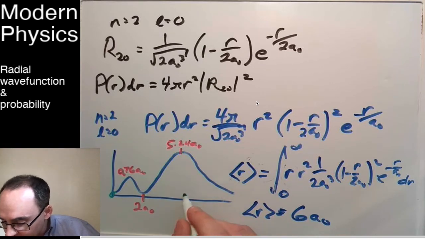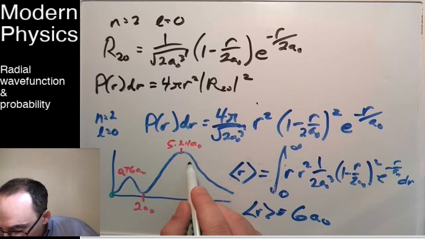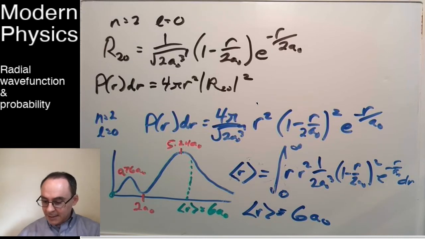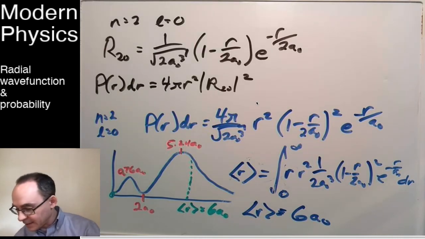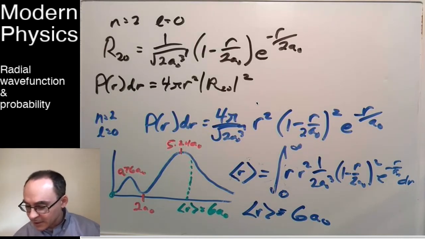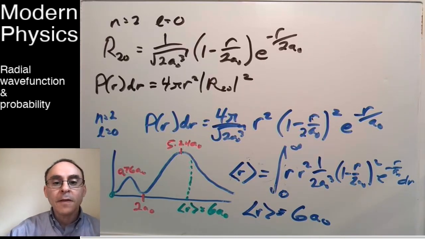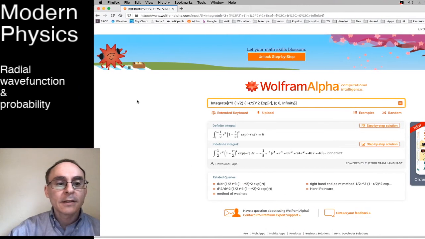It really goes off to infinity. The average value of radius is actually 6 a naught. It's even to the right of that second peak. Just a little bit unexpected, but it's because I haven't drawn how really far out this tail goes.